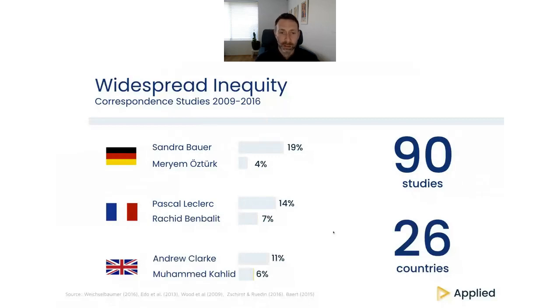So the research and data is very clear. There is something going on, something wrong with the way that we recruit, and it impacts the minority group a lot more than the majority group. It causes not only people to miss out on jobs, but also hiring companies to hire people who may not be the absolute best for the job based on these unconscious biases.